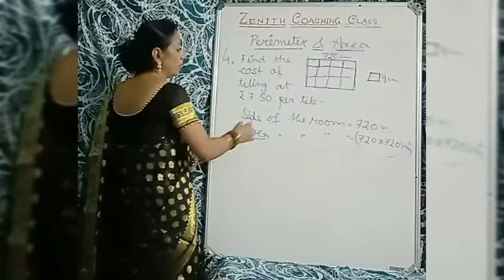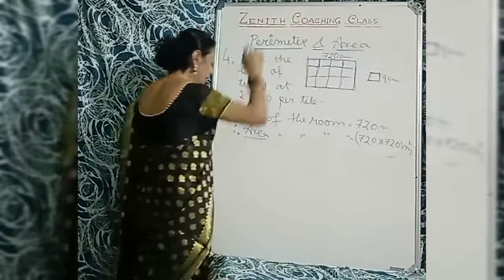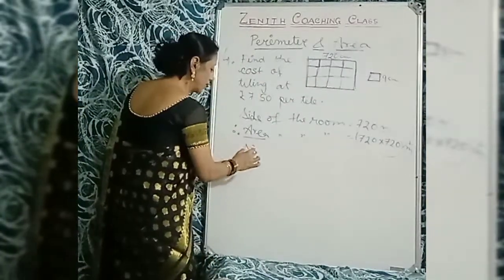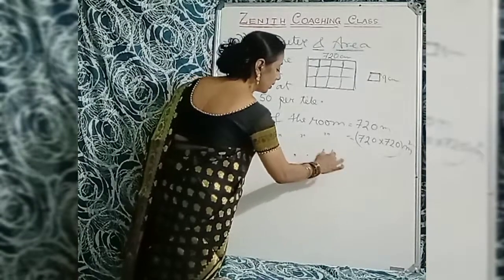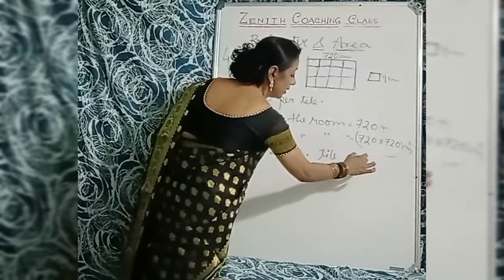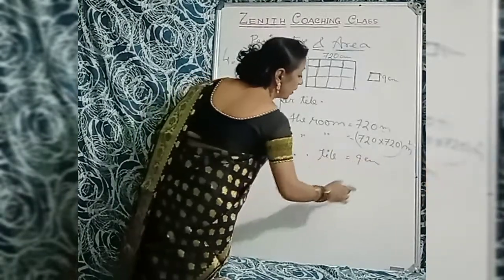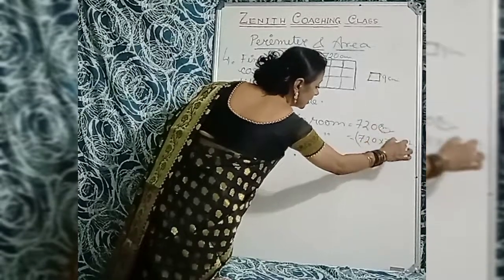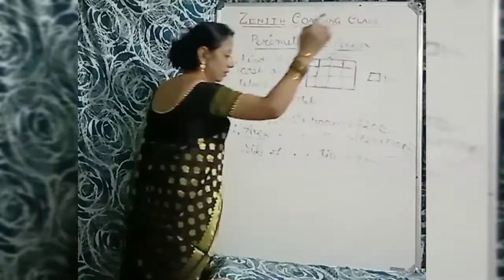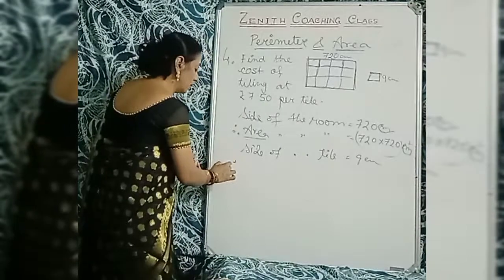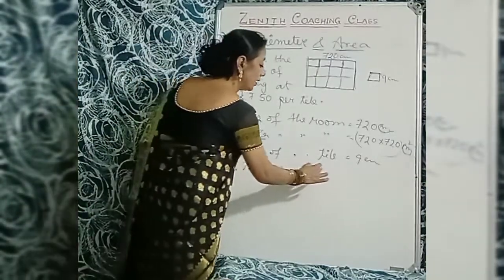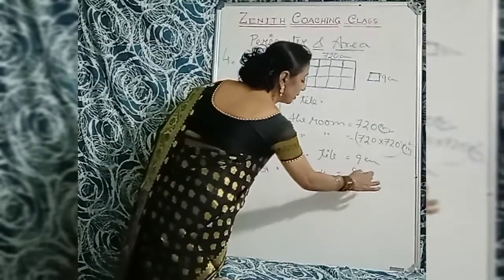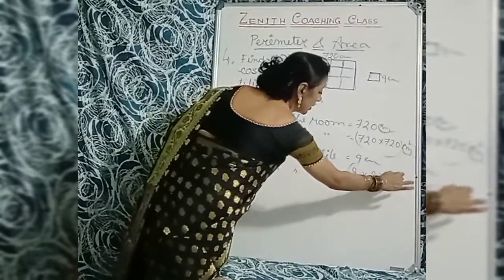Now, in case of the square tile, side of the tile equals 9 centimeter. Oh, sorry, I wrote meter here. It is centimeter. Therefore, area of the tile equals 9 multiplied by 9 centimeter square.